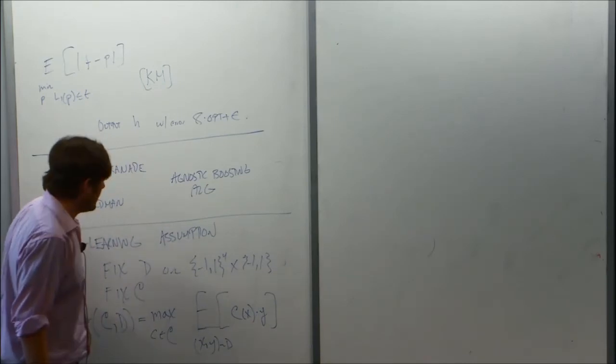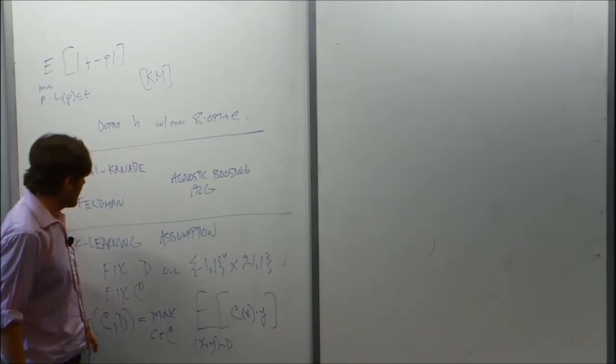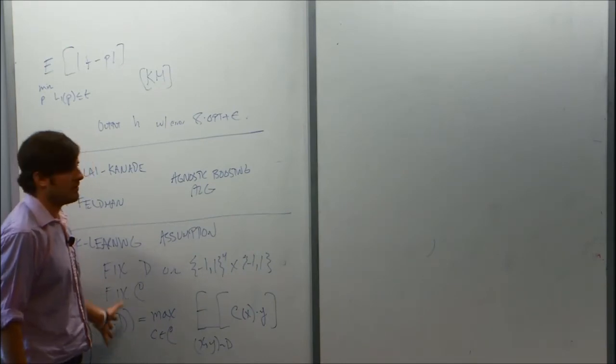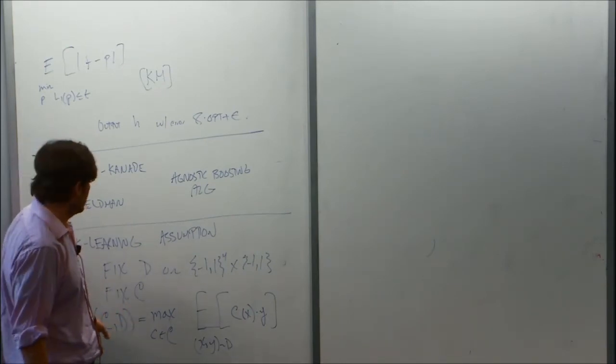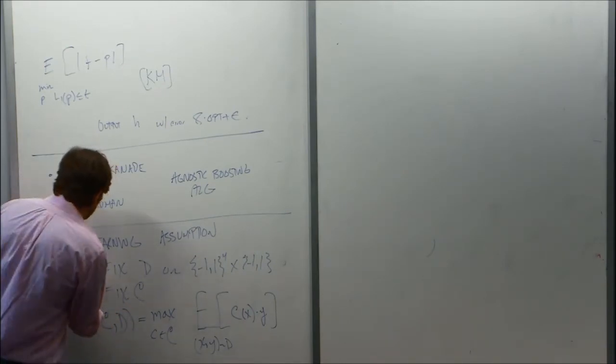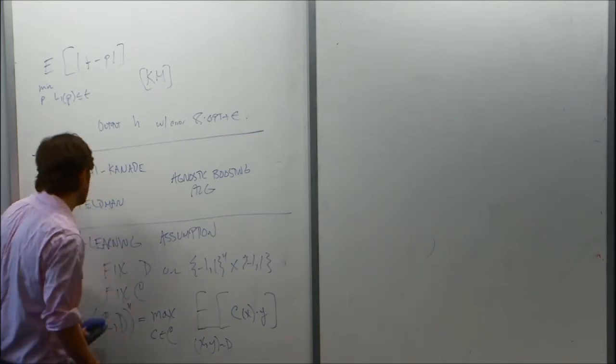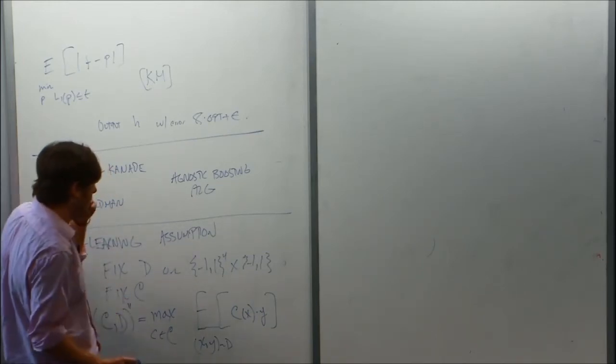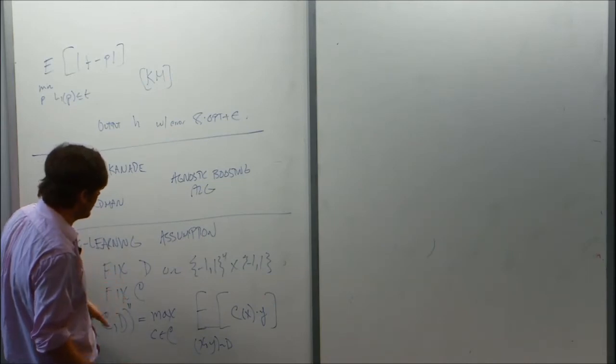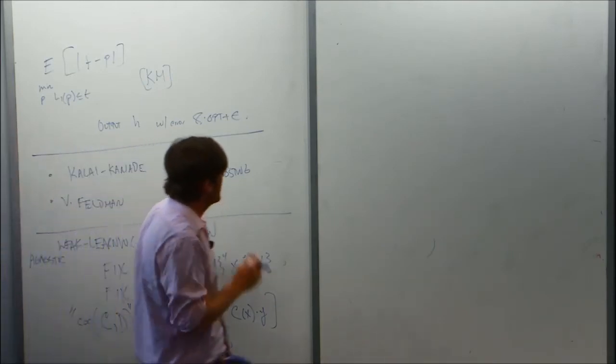So this is the correlation of the most correlated concept from C. It may be very low depending on what D is, but I'm just going to refer to it as this quantity. Contrast this with the opt quantity that corresponded to error. This one's corresponding to correlation.